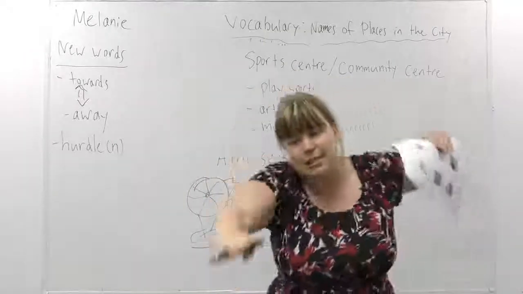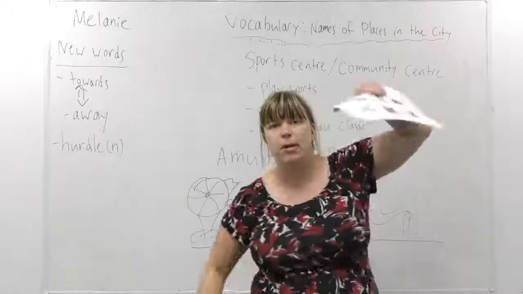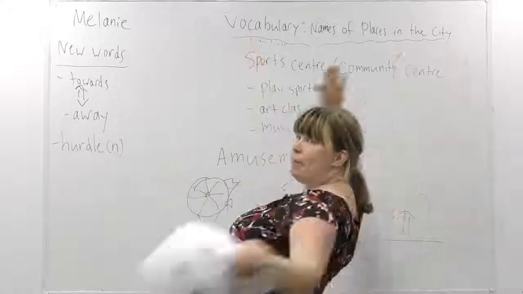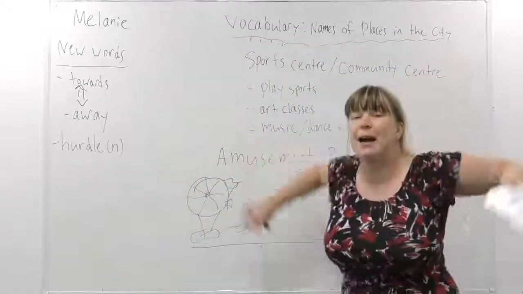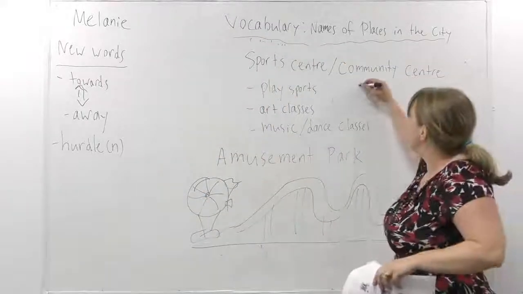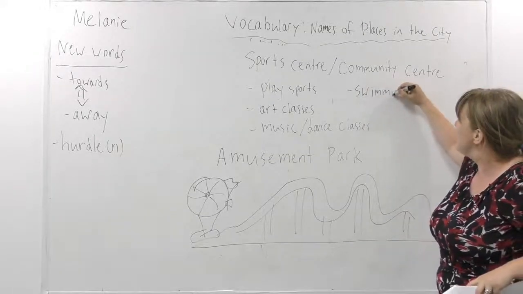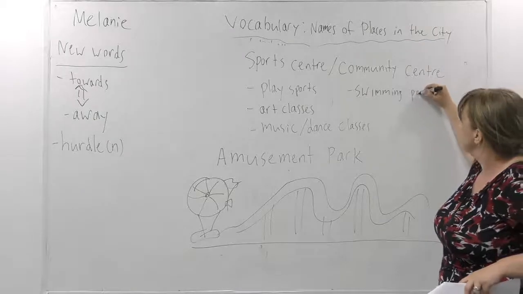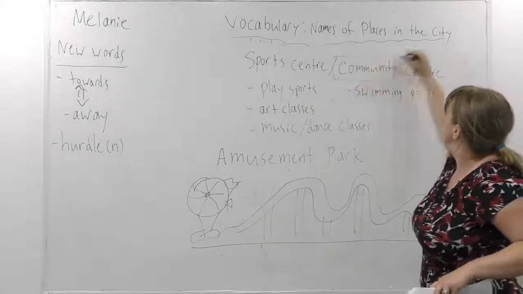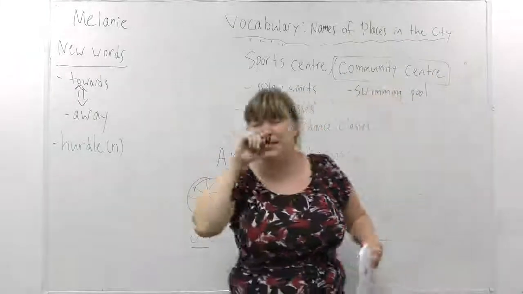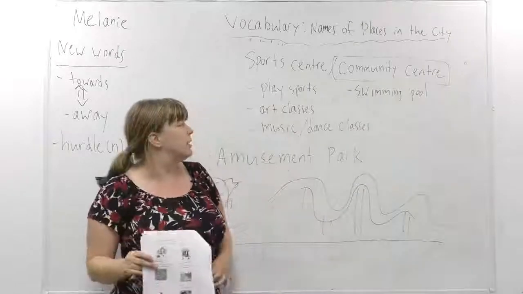So this is obviously where you go for a swim, do your front stroke, your back stroke, your breast stroke. So sometimes community centers will have a swimming pool. This is a term that I hear more often than sports center.